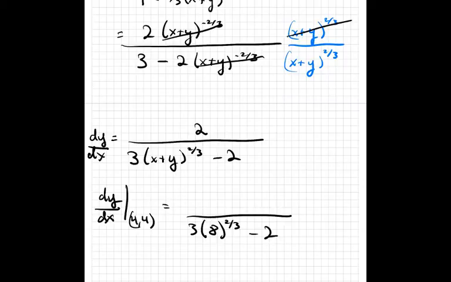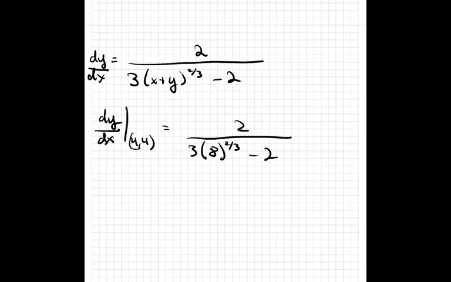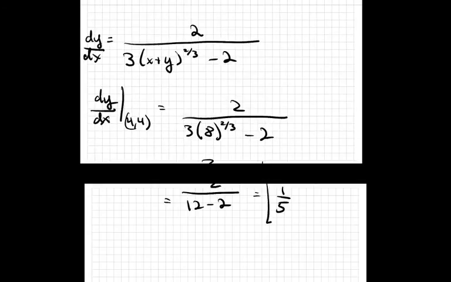The cube root of 8 is 2. 2 squared is 4. 4 times 3 is 12, minus 2 is 10. So 1 over 5. So we get a slope of 1/5.